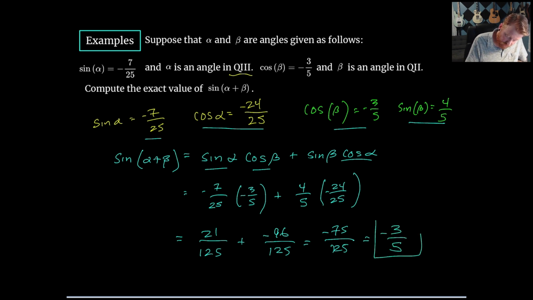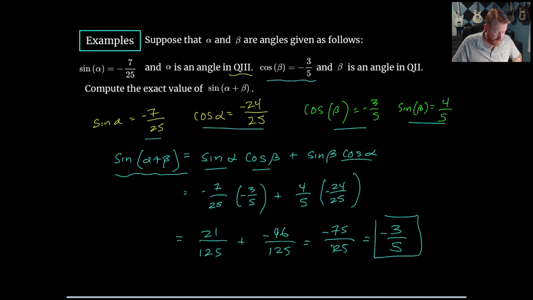So there is our sine of alpha plus beta: negative 3/5, which happened to be the same as the cosine of beta. Just mostly a coincidence, just the way that things worked out. I'm sure if we looked at some different relationships, we could prove it, but it is what we get here.